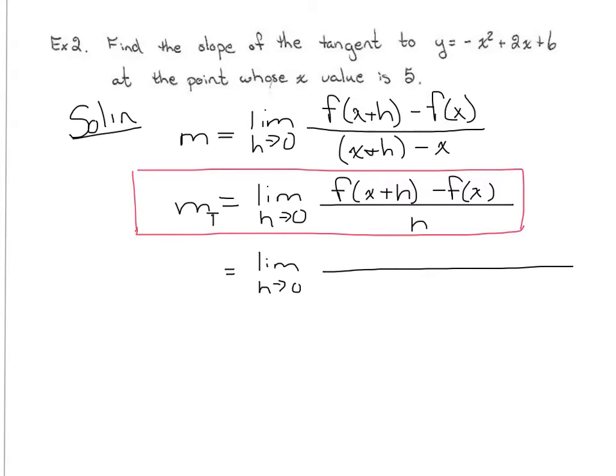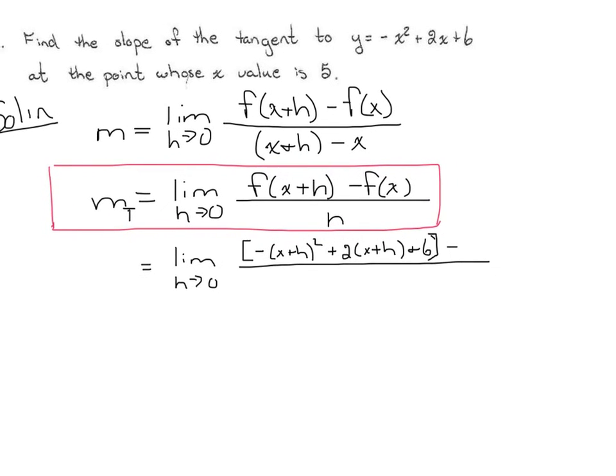We will have f of x, so negative bracket (x plus h) all squared plus 2 times (x plus h) plus 6 minus, and we'll just move it over so we have a little bit more room, our f of x, which is just negative x squared plus 2x plus 6, all over h.